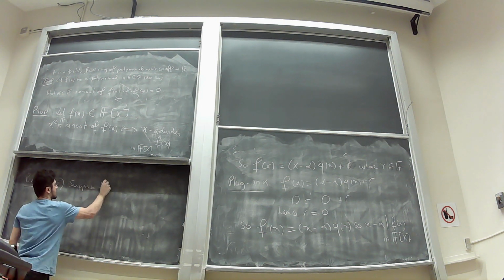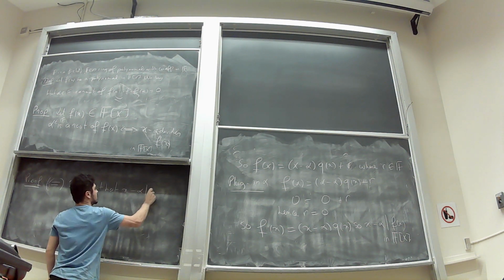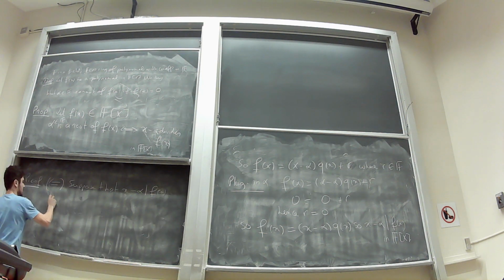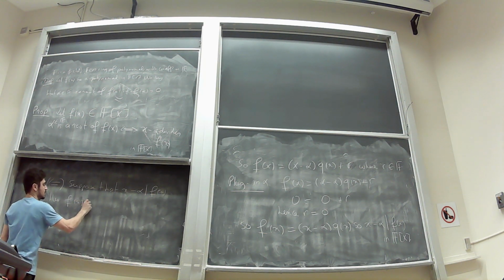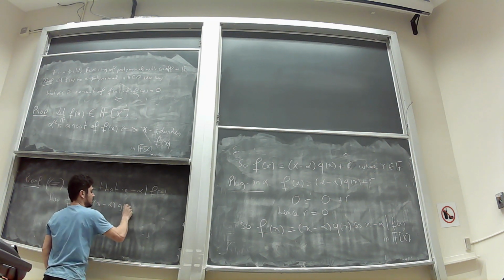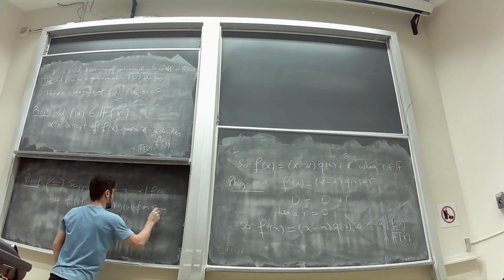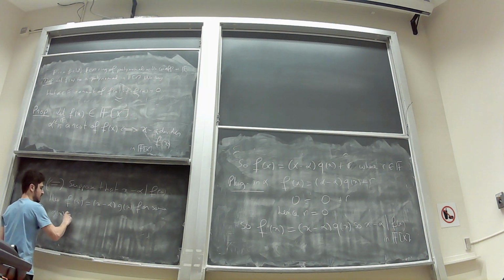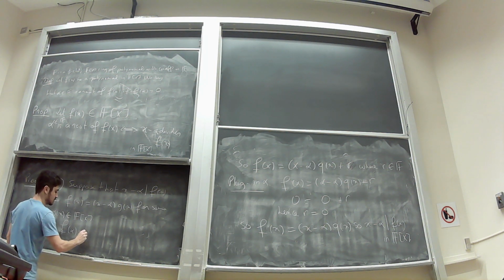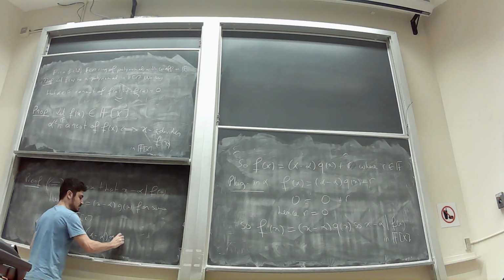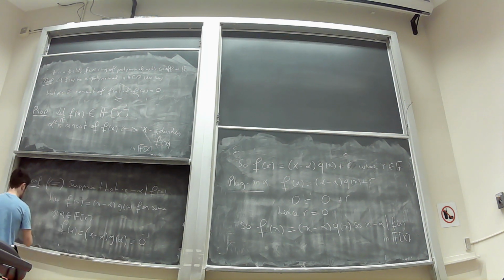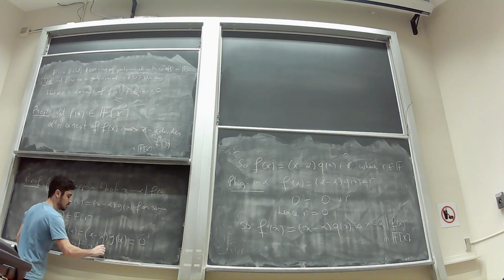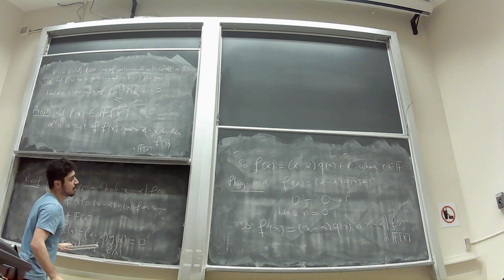Suppose that x minus alpha divides f of x, then f of x is equal to x minus alpha times g of x for some g of x in F of X. Now plug in alpha on both sides. f of alpha is alpha minus alpha times g of alpha, which is 0. So alpha is a root of f of x. Great.